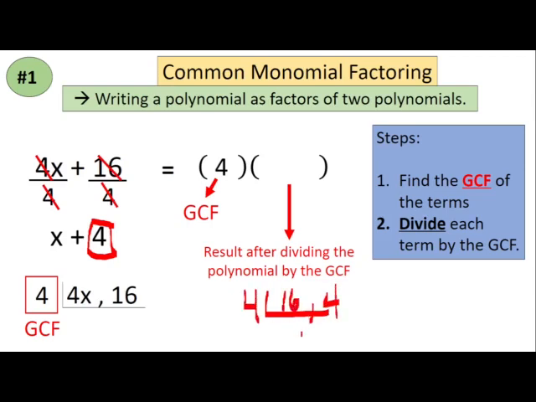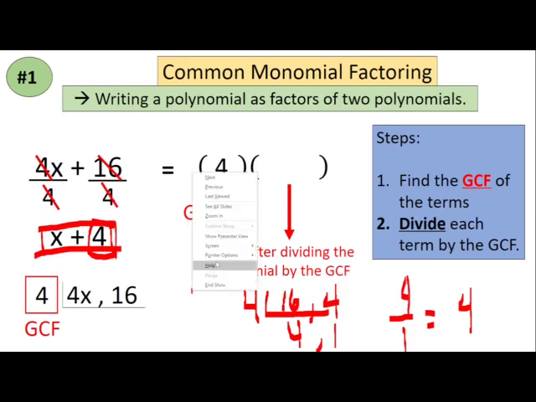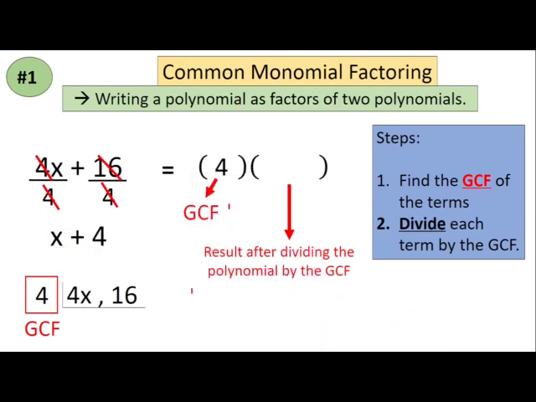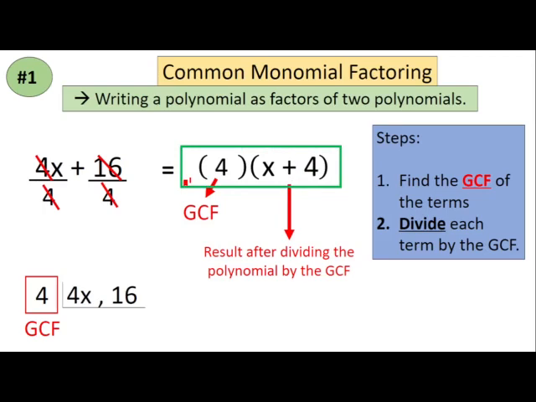Kaya naging 4 and 1. Si 4 and 1, full number lang din naman yan. Kaya ang naging sagot natin dito after we divided the 4 on the whole of the binomial is x plus. This is what we will put in here in the second pair of our parentheses. This now is the simplified form of monomial. And we were able to do that using common monomial factoring.